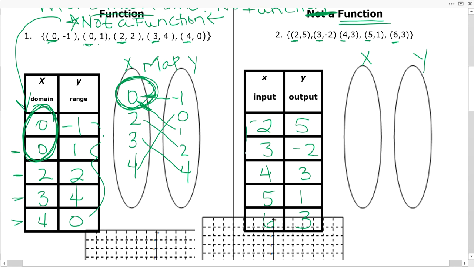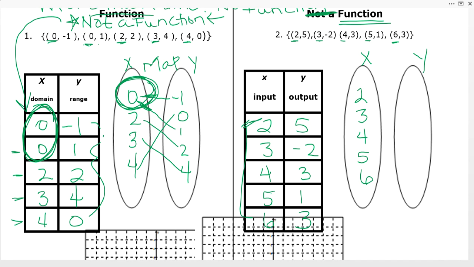Our x values don't repeat, and they're already in order. So I can put 2, 3, 4, 5, and 6. My y values, I have -2, and I have 2 3s. Remember, I'm only going to write my 3 one time. So I start with -2, 1, 3, and 5.